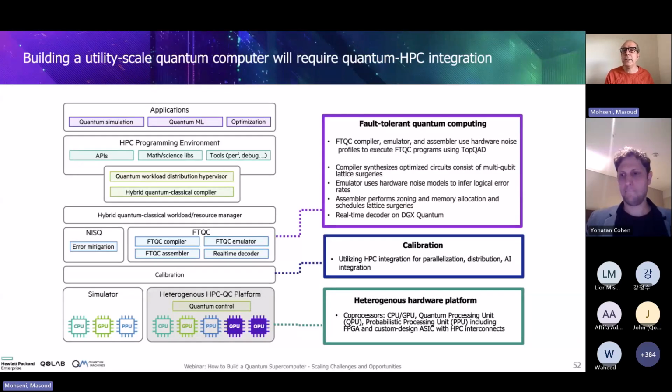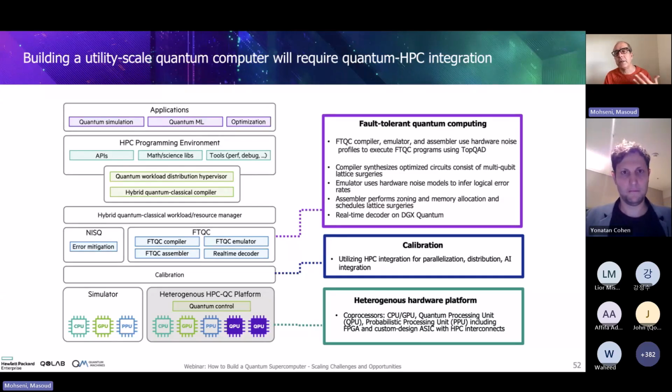The emulator basically uses the hardware noise model to infer logical error rates, and the assembler performs zoning, memory allocation, and detailed schedules for lattice surgery. And then you have this real-time decoder on DGX Quantum, which Jonathan is going to talk about.